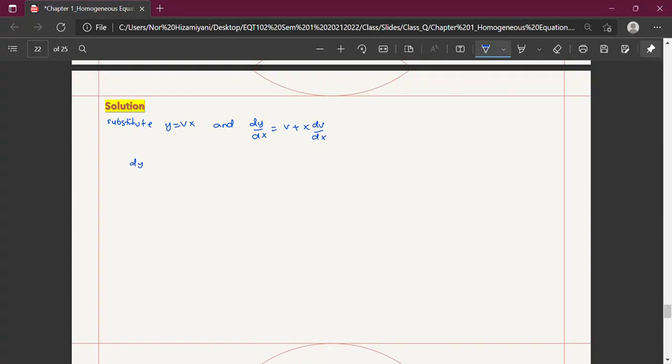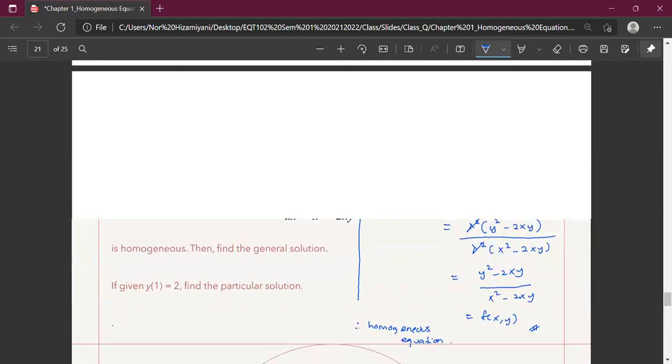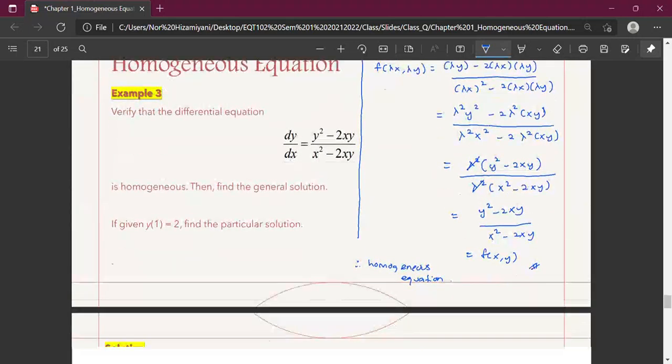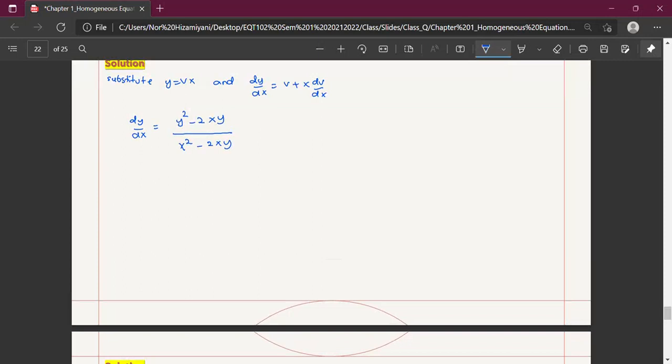So this is the equation. Is it plus or minus? Minus 2x², 2xy. So again, you just repeat the same step, substitute y and also dy over dx.